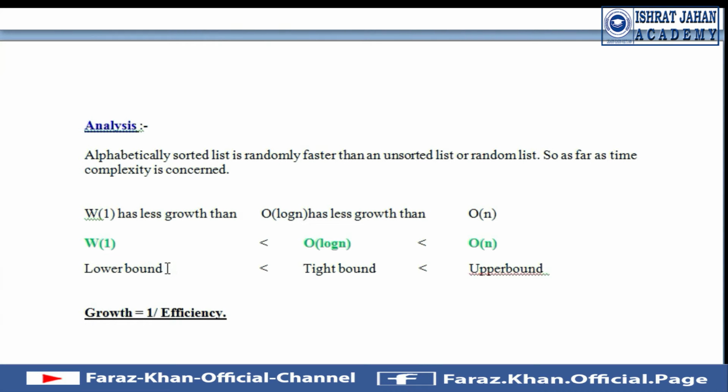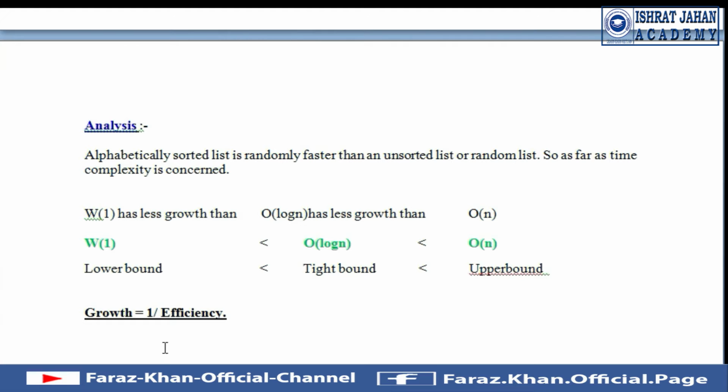As far as growth is concerned, lower bound has less growth than tight bound, and tight bound will have less growth than upper bound. We can also say that lower bound has more efficiency than the tight bound, and the tight bound has more efficiency than the upper bound.